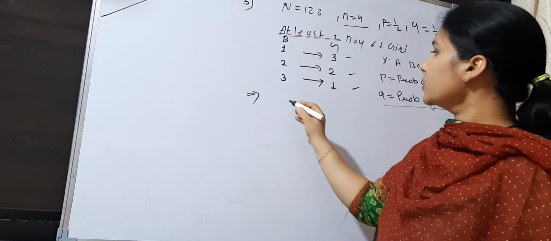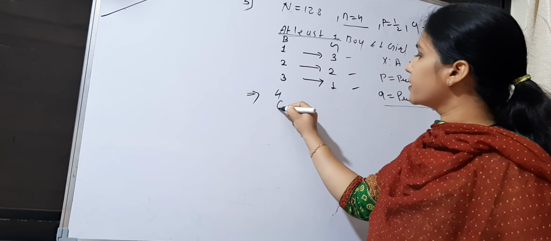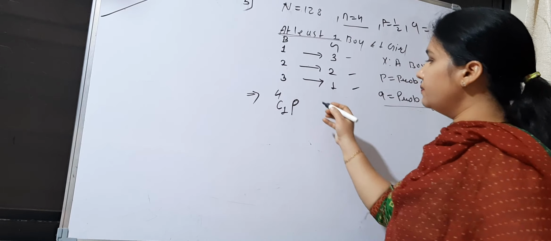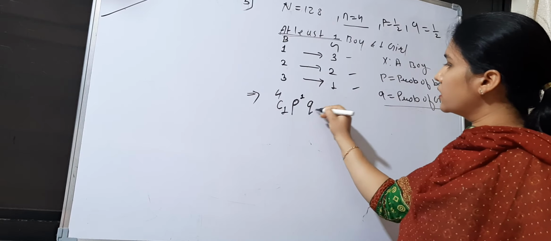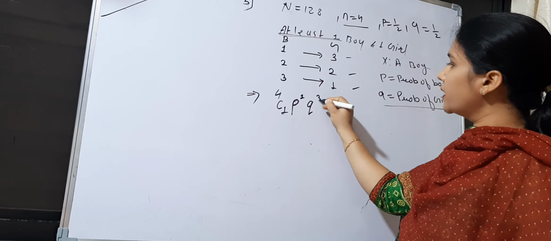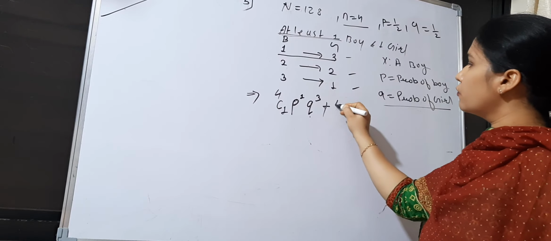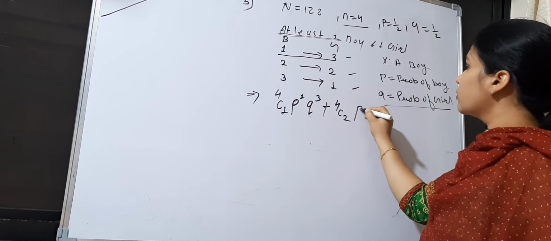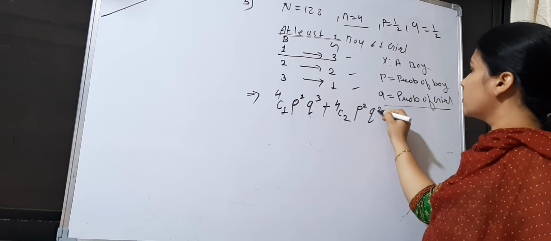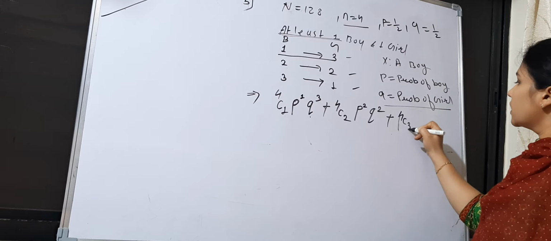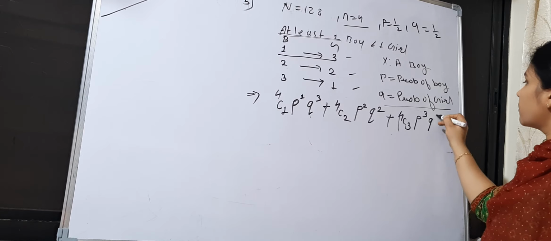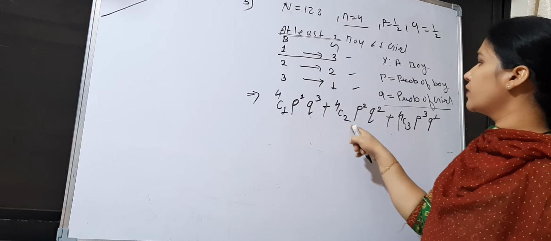Now we will write like this: 4C1 P to the power 1, Q to the power 3. Automatically, Q is the probability of girl, so its power will be 3. Plus 4C2 P to the power 2, Q to the power 2, plus 4C3 P to the power 3, Q to the power 1. We have to do only for 1, 2 and 3.